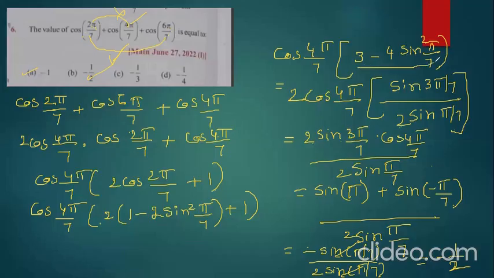One more important thing, this is the key step: 3 minus 4 sin square θ is equal to sin 3θ by sin θ. If you know the formula perfectly, you can easily transform this. This is commonly observed.